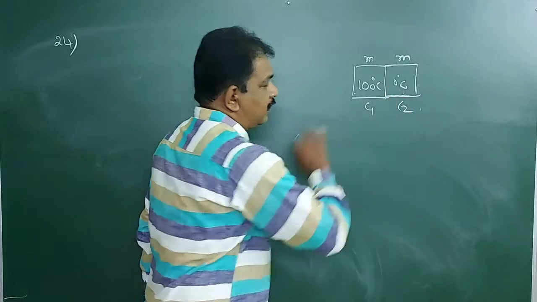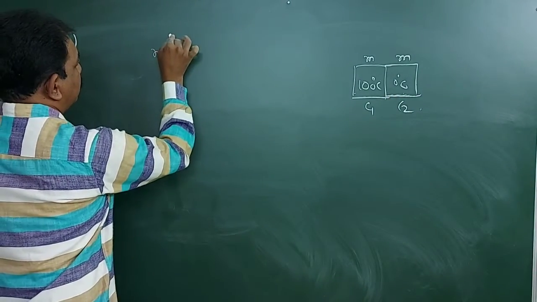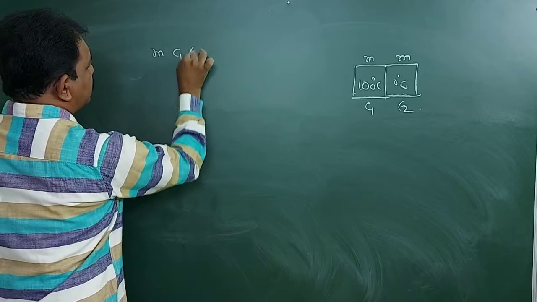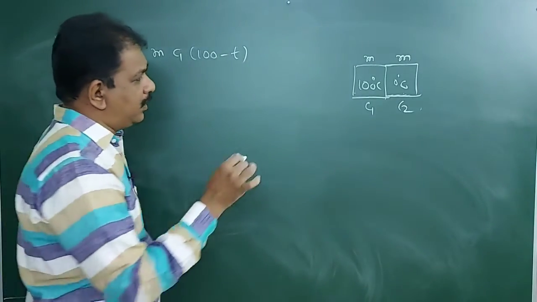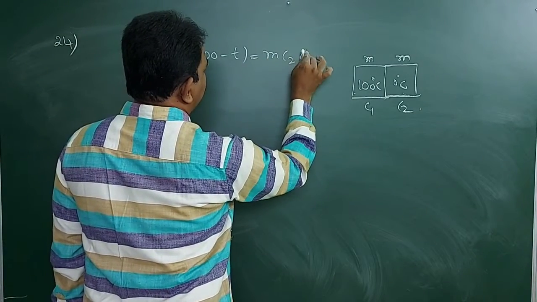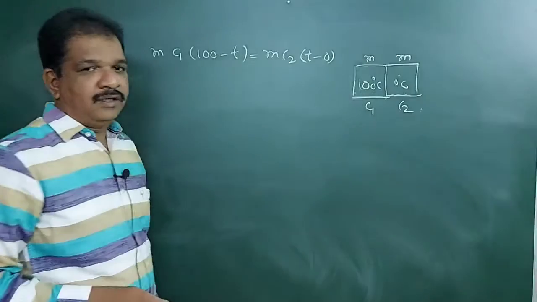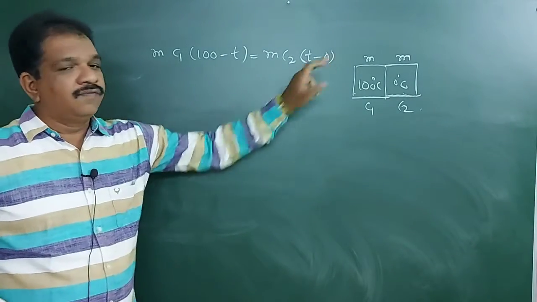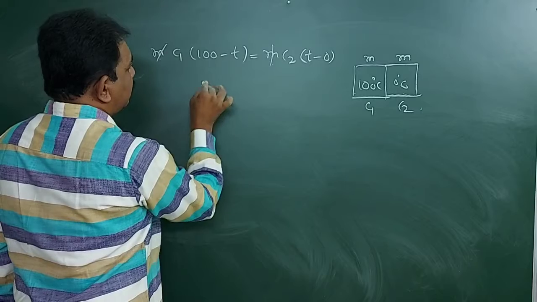Heat lost is equal to heat gained. So heat lost is M C1 into (100 minus T), as it came to common temperature T. Heat gained is M C2 into (T minus 0), since the temperature increases from 0 to T. M will cancel.